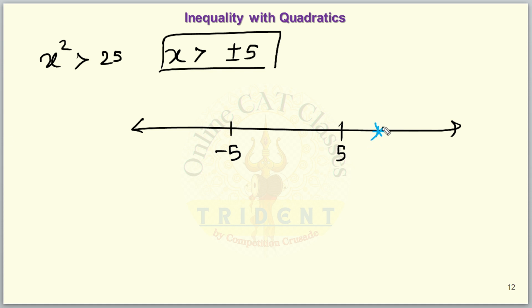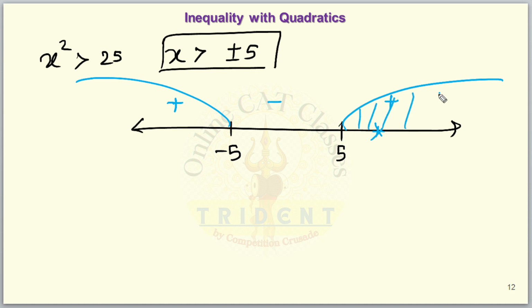Take 6. 6 square is 36. Is that greater than 25? Yes. That means this range is positive, and alternately negative, positive. Or you can simply say every time the right hand side will be positive, and alternately you can decide the scheme. Because we were supposed to find the range in which x square is positive, the ranges in which x square is positive are these ranges.